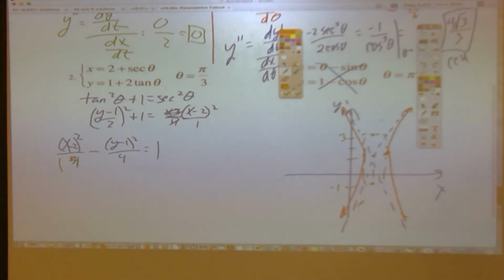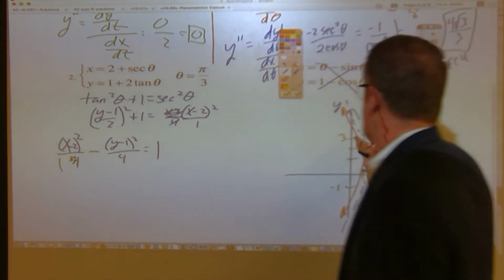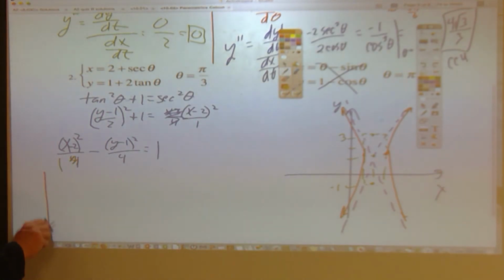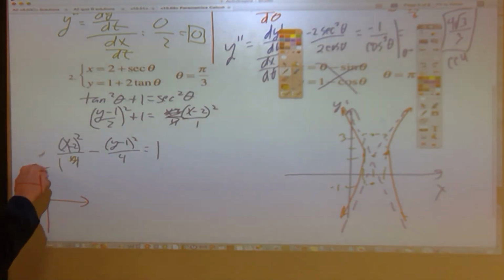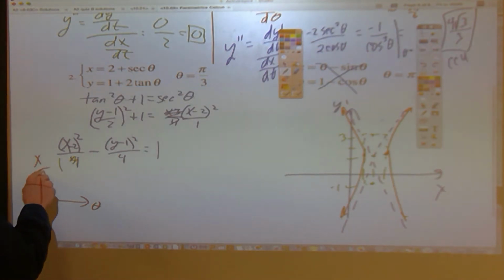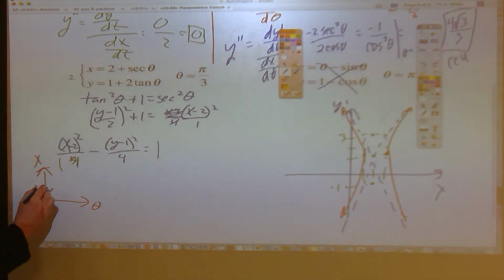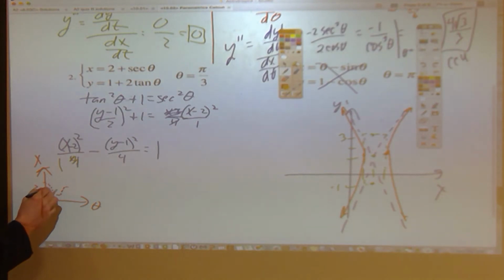And we're being asked at theta equals pi over 3, well, where are we at theta equals 0? Let's do quick sketches of the parametric equations. X is a function of theta, so we can get oriented to what's happening here. This is shifting up 2, and then the guide graph would be like that.